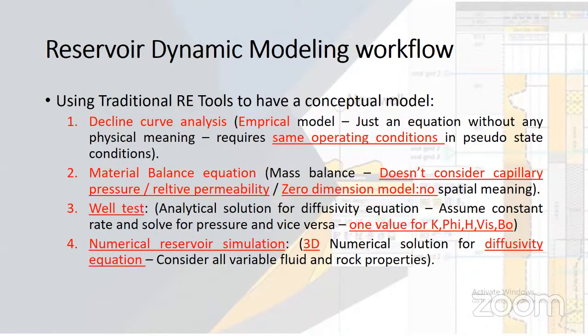The traditional RE tools can give us a rough estimation of the properties of our reservoir. In the case of a well test, the well test will tell you about the average permeability of your reservoir. So you can compare the well test permeability, which represents the permeability around the well, and the permeability that was distributed in the 3D model.